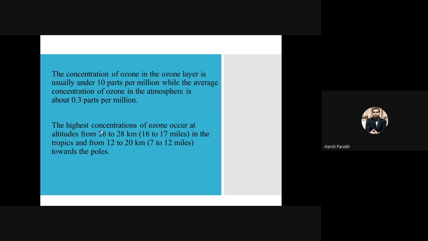The highest concentration of ozone occurs at an altitude of 26 to 28 kilometers in the tropical region, that means nearby the equator. That's how India is, that's how Africa is. Many places in the world are near the equator, right? And from 12 to 20 kilometers towards the pole.